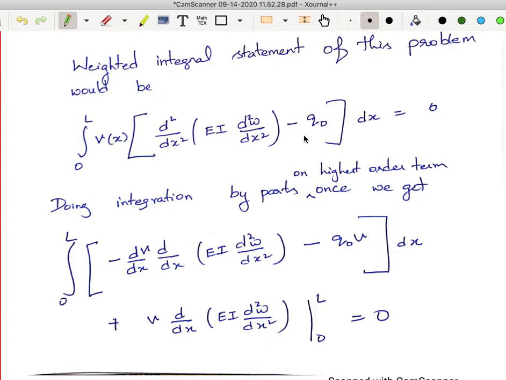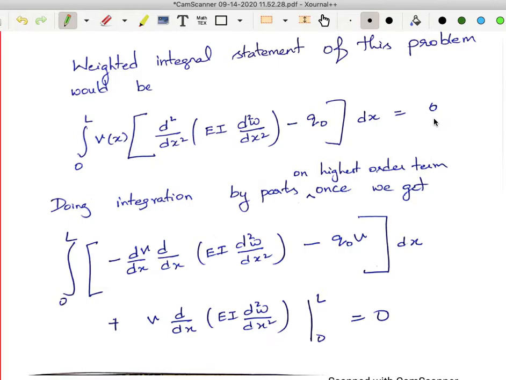Bringing all terms in the governing differential equation to one side, we call that the residual. Here it is d square by dx square of EI into d square w by dx square, minus q naught. This is the residual. So weight function into residual integrated over the domain must be equal to 0. This is the weighted integral statement, very straightforward.